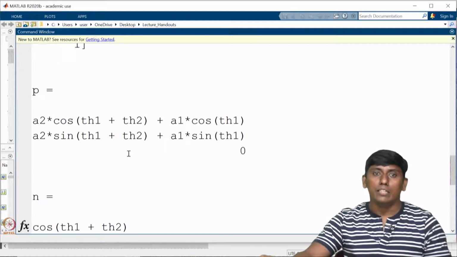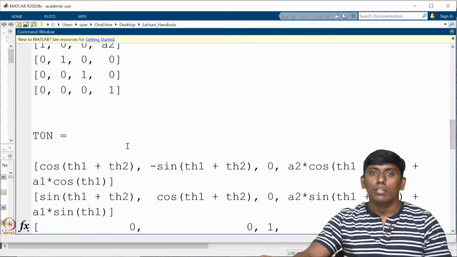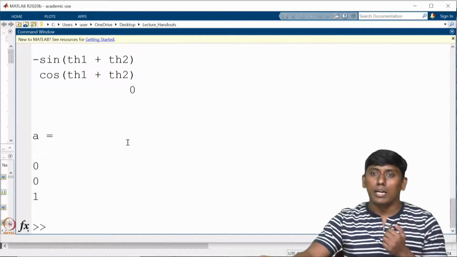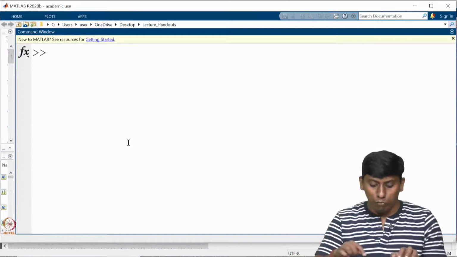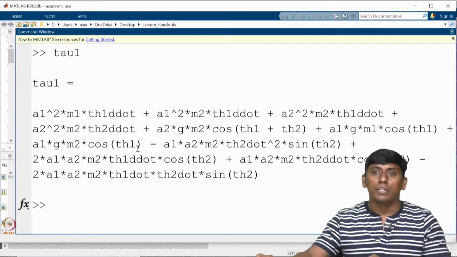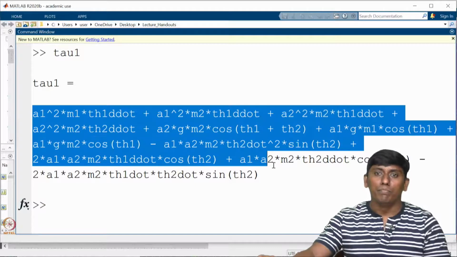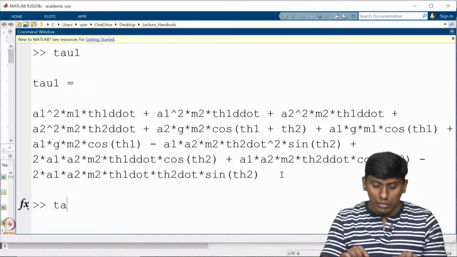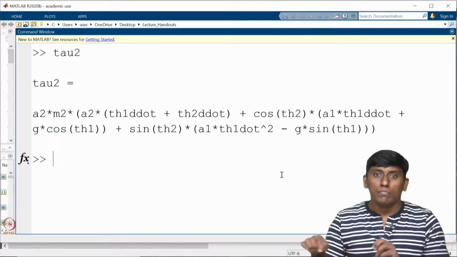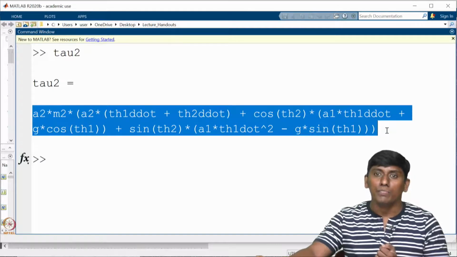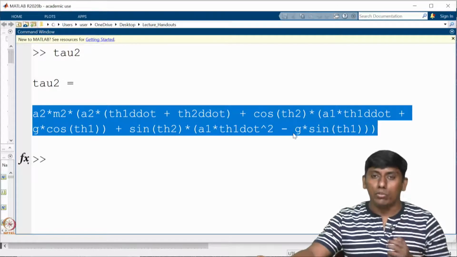You can see this is the kinematic model. What we are interested in right now is to find tau 1. You can see tau 1, written in the same form, and similarly tau 2. Now you can even cross verify these equations with what we obtained here.